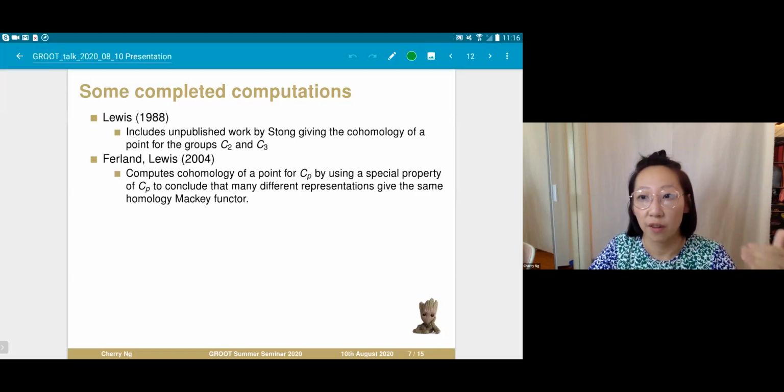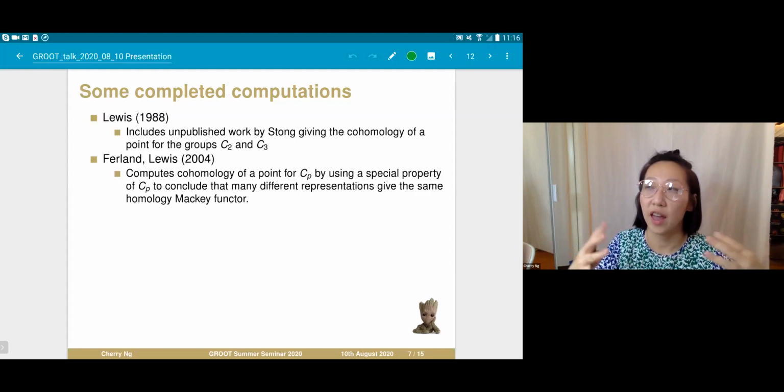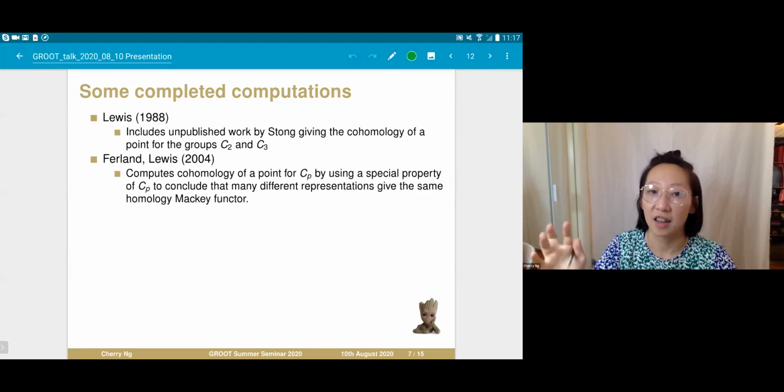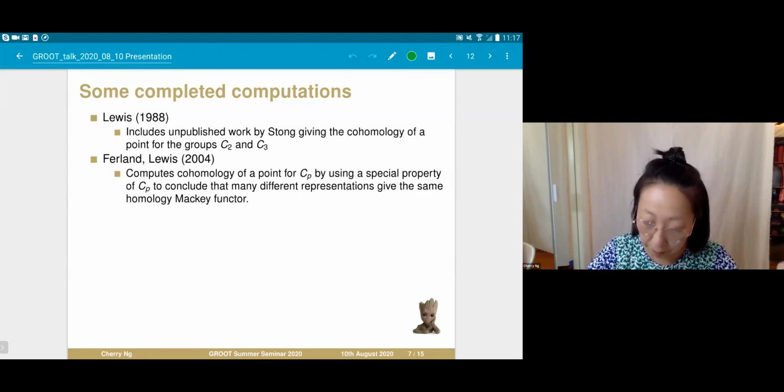And it uses a very special property of C_p to conclude that a lot of the diagrams of abelian groups are the same. And so in order to avoid doing computations, there was a lot of saying, oh, these things are the same, I'm going to do this other computation instead, and used a lot of that kind of trickery.